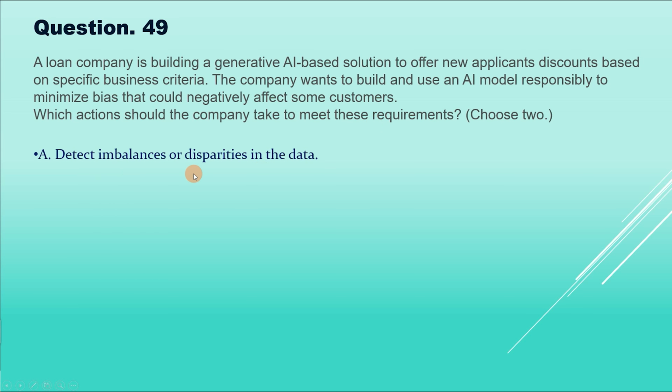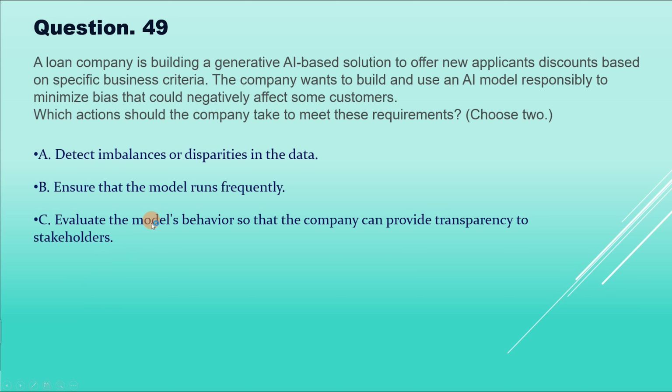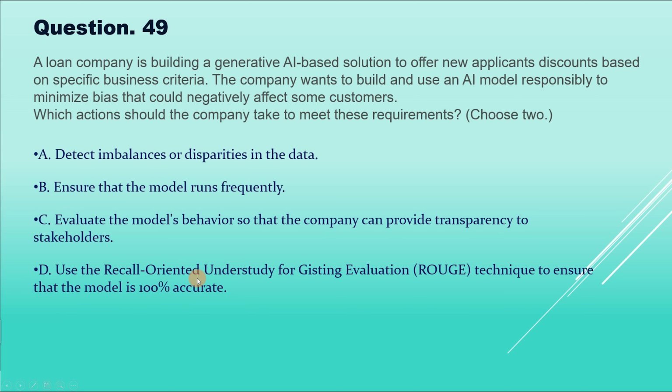Option A. Detect imbalance or disparities in the data. Option B. Ensure that the model runs frequently. Option C. Evaluate model's behavior so that the company can provide transparency to stakeholders. Option D. Use the Recall-Oriented Understudy for Gisting Evaluation technique to ensure that the model is 100% accurate. Option E. Ensure that the model's inference time is within the accepted limit.